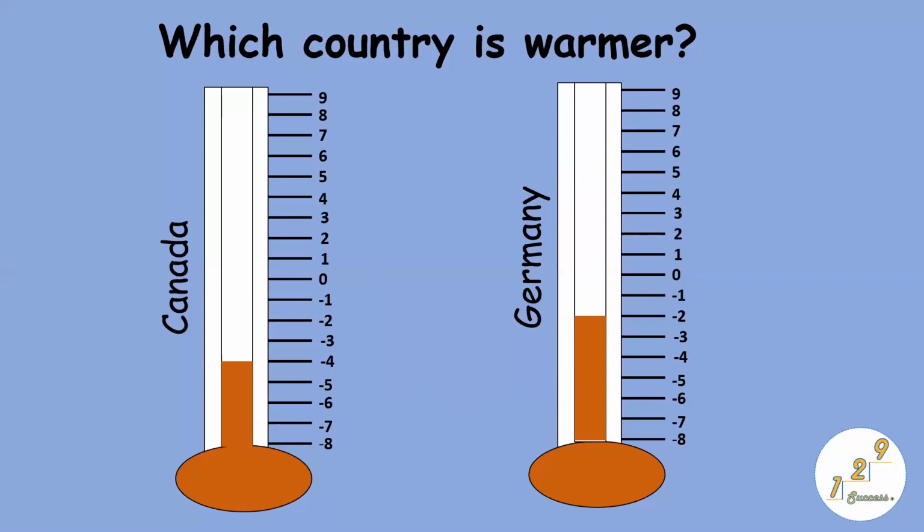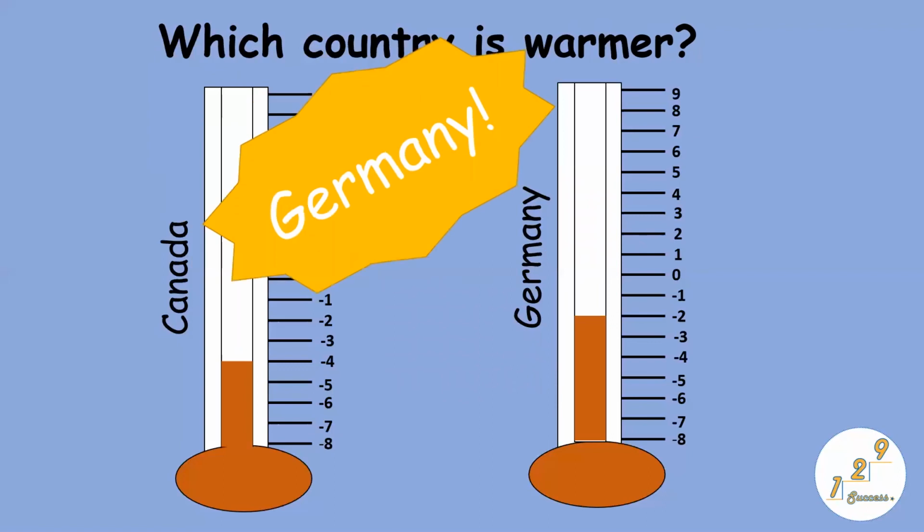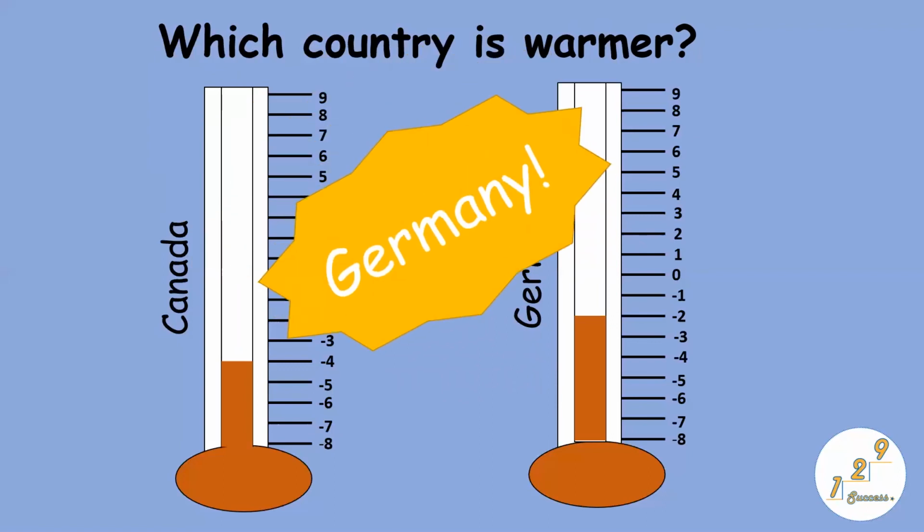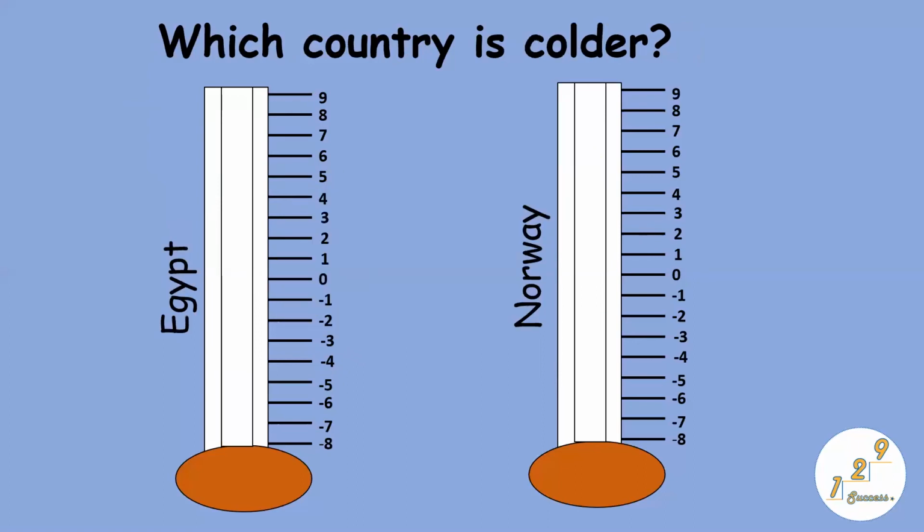Okay, so this was a little bit tricky because they're very close, but if you read carefully, you would have got the right answer to be Germany, because Germany is at -2 and Canada is -4, and -2 is a bigger number than -4, and that means that it's warmer. Next one, which one is colder? Is it Egypt or is it Norway? Write down your answers.